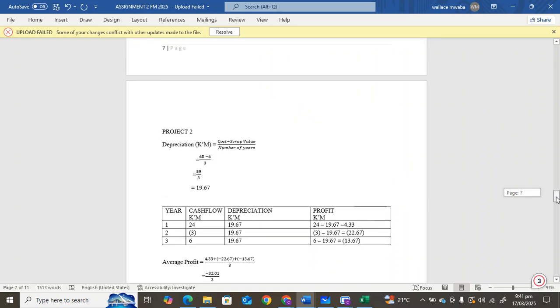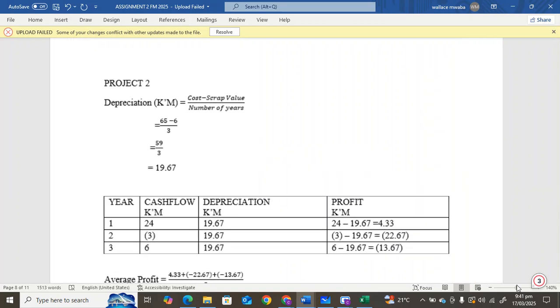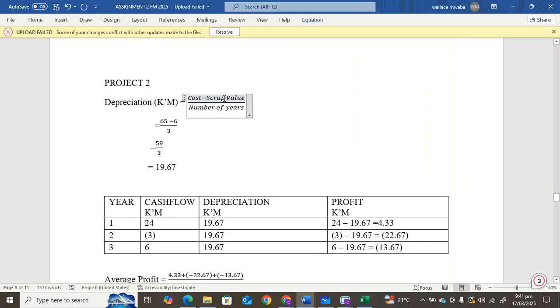Okay, we go to project 2. Same steps. Step 1, get depreciation. Straight line method is cost minus residual value or scrap value divided by number of years. Project 2's cost is 65 million. Residual value 6 million.